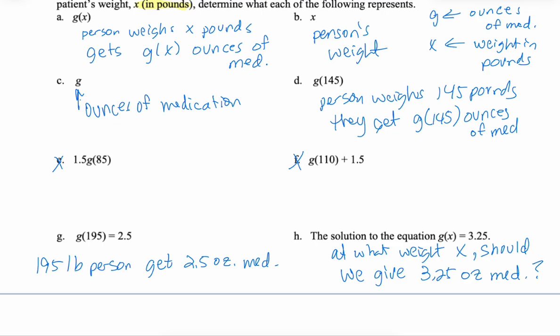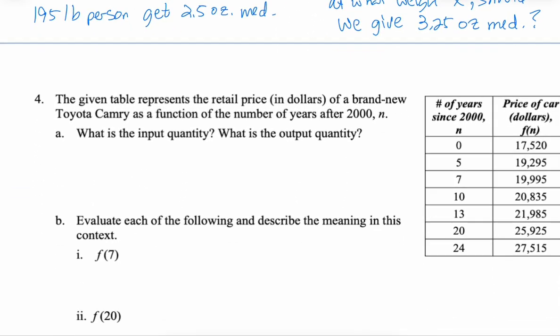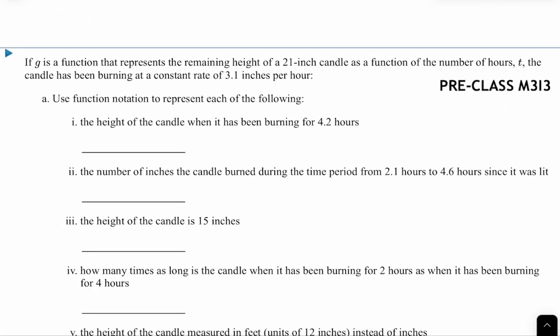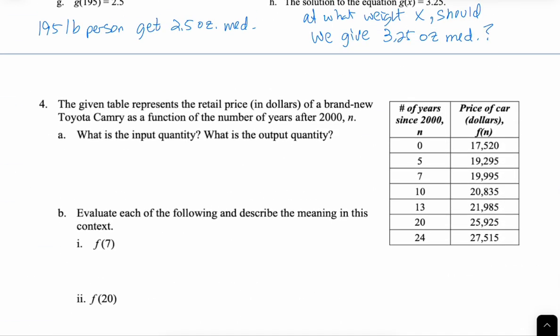What is the weight X that matches giving 3.25 ounces of medication? Well, we can't answer that right now. We don't have an actual formula. But think about how much information that tells us. A lot of good information, okay? Okay. So let's finish. Let's do 4, and then we're ready to start the pre-course together, okay?